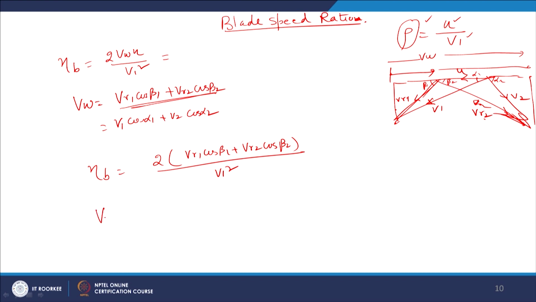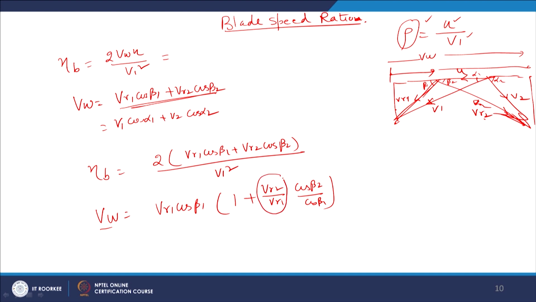Now here VW is, as we said, VR1 cos beta 1 plus VR2 cos beta 2, or we can take VR1 cos beta 1 times (1 plus VR2 by VR1 times cos beta 2 by cos beta 1).